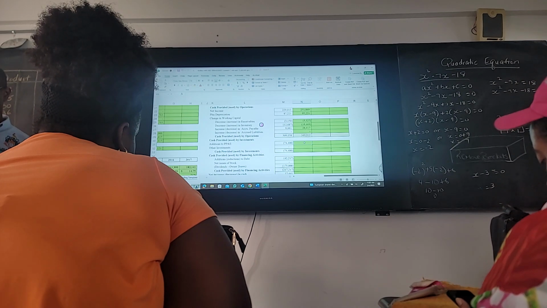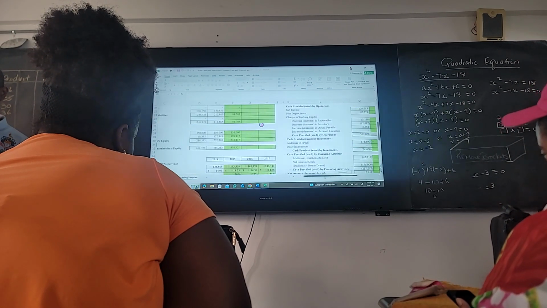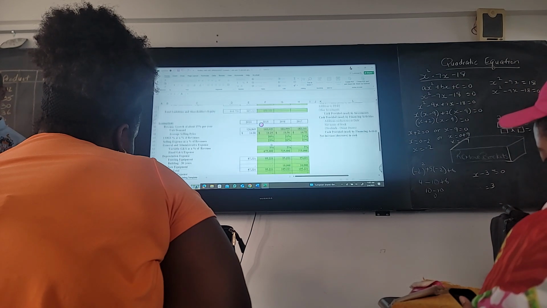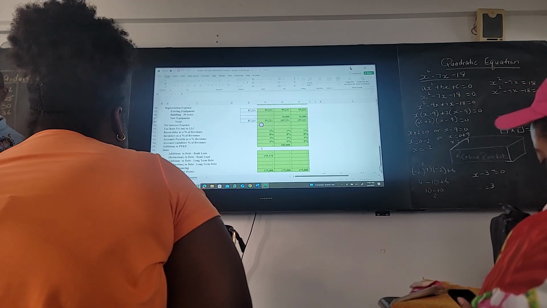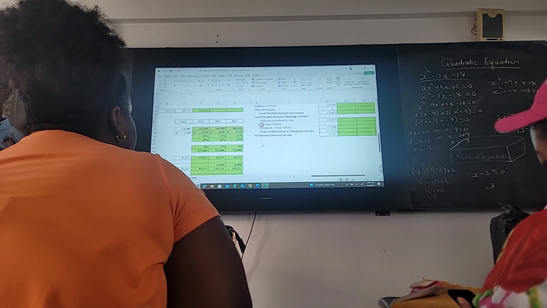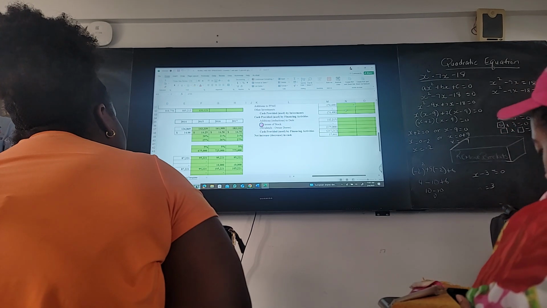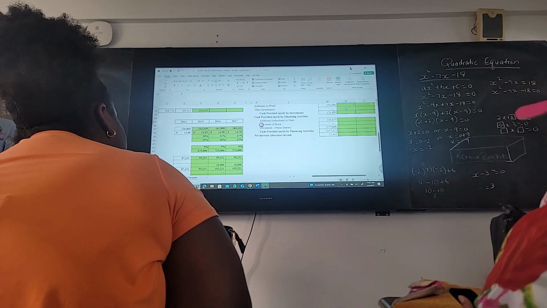Did I acquire any new property, plant, or equipment additions? I don't have anything, so that's a zero. I don't think I have any other investments.